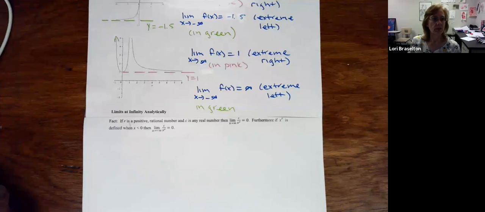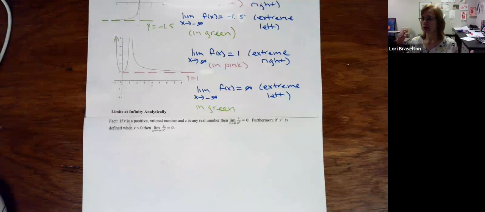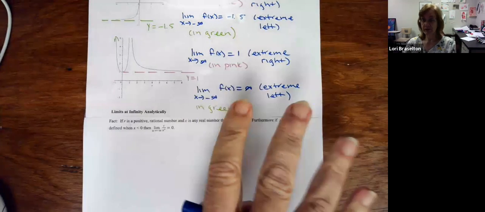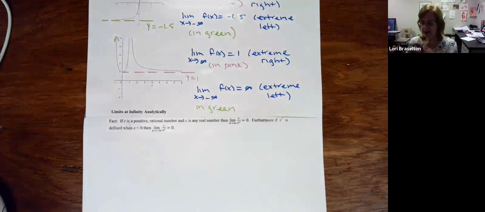And there's the problem that we are going to work on. So we've been continuing looking at limits at infinity, as x goes to infinity or negative infinity. So we looked at charts, we've looked at graphs, and those are great ways to get a feel for what's going on.